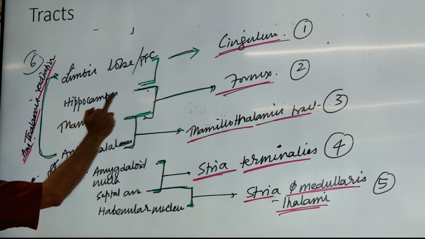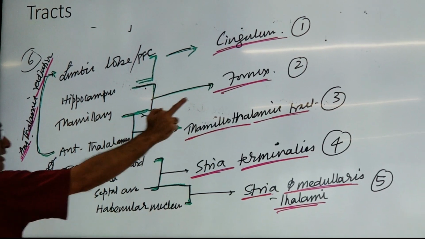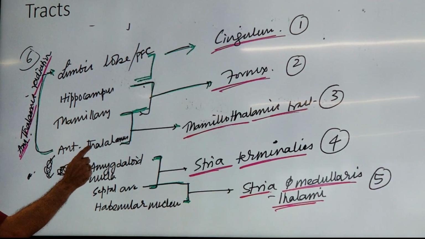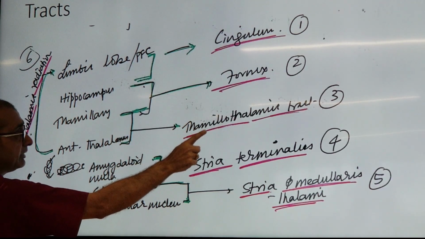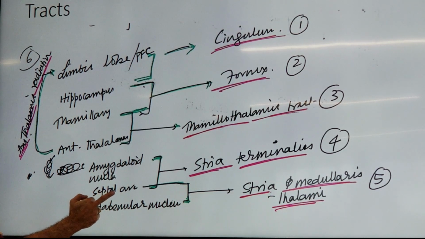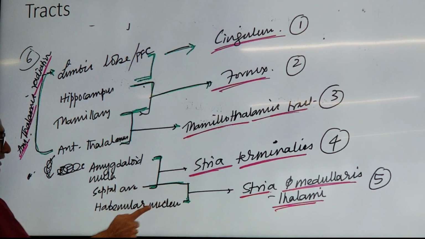The part between the hippocampus and the mammillary body is fornix. The part between the mammillary body and the anterior thalamus is the mammillothalamic tract. The part between the amygdala and the septal area is the stria terminalis, and the part between the septal area and the habenular nucleus is stria medullaris.